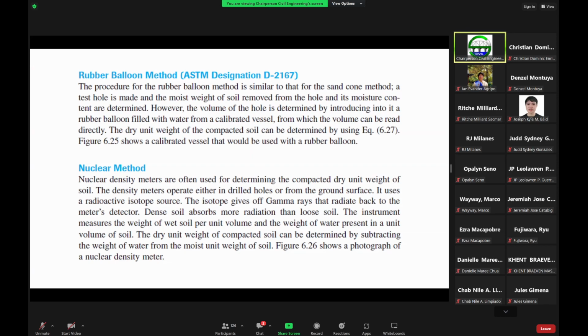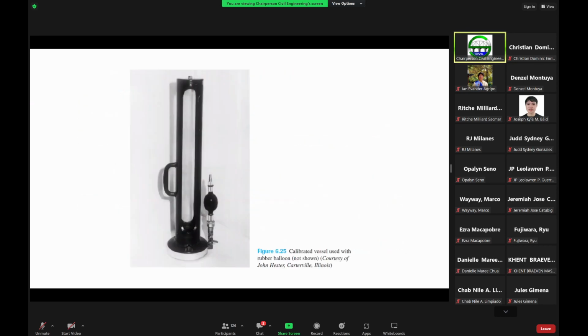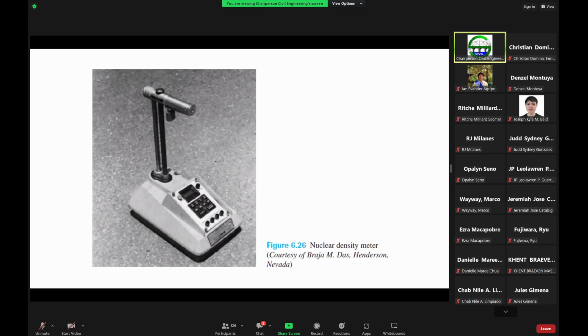And then the dry unit weight of compacted soil can be determined by subtracting the weight of water from the moist unit weight of the soil, such as the one we see here. So this is an example of a nuclear density meter.